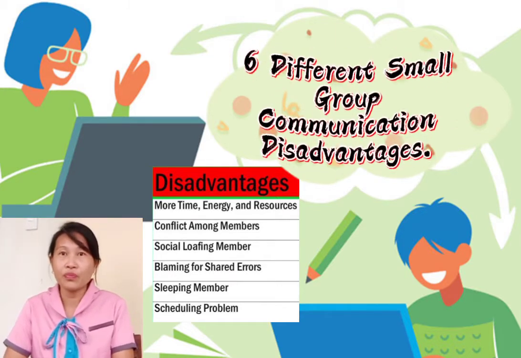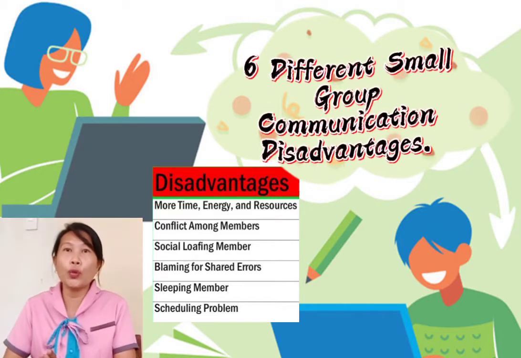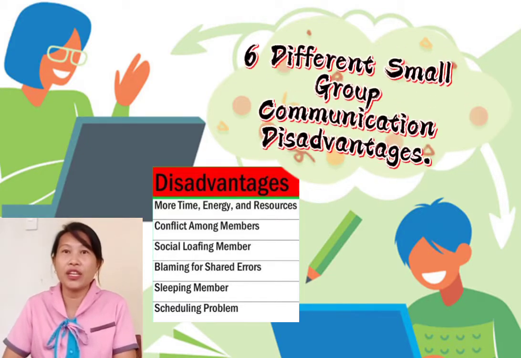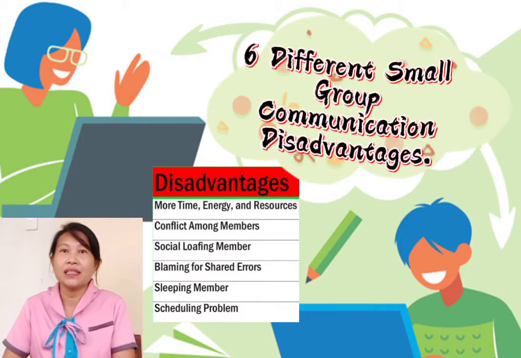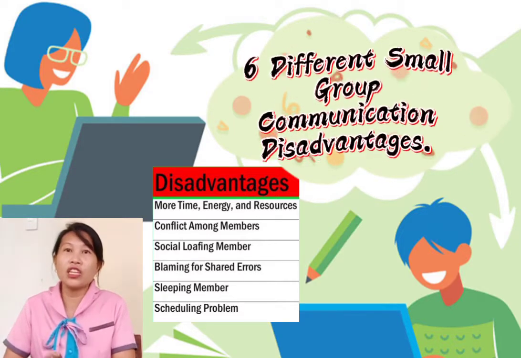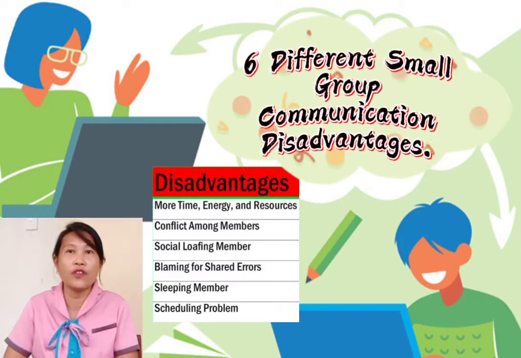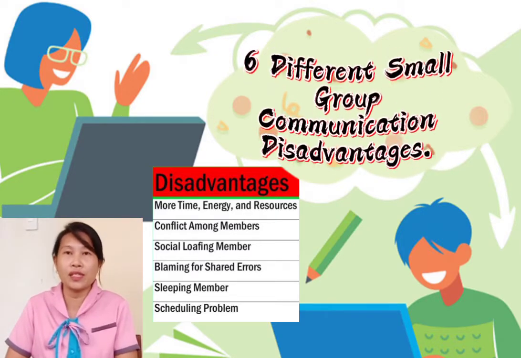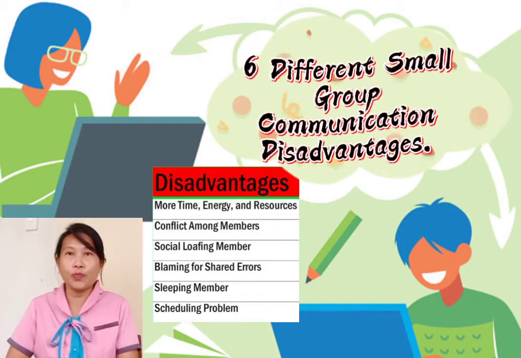First, more time, energy, and resources. A group needs more time, energy, and resources to discuss issues and analyze and resolve problems. In contrast, less time, energy, and resources are required when an individual works alone. A group does not have a long attention span.